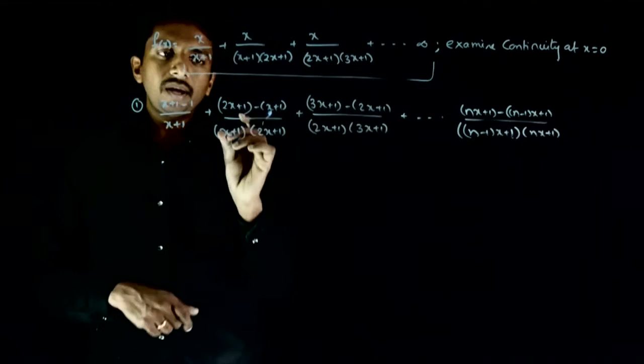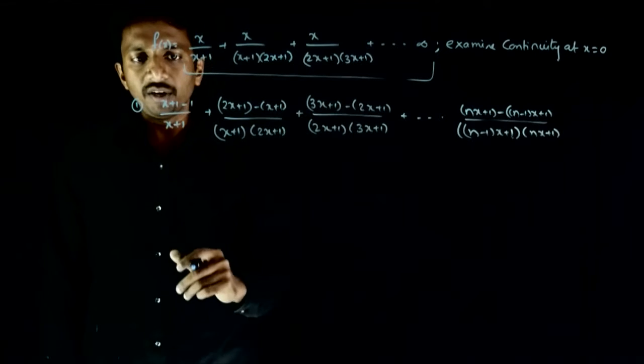Why did I write the numerator as the difference of the terms of the denominator?